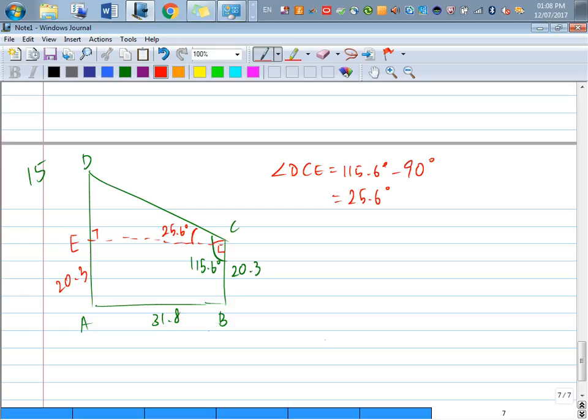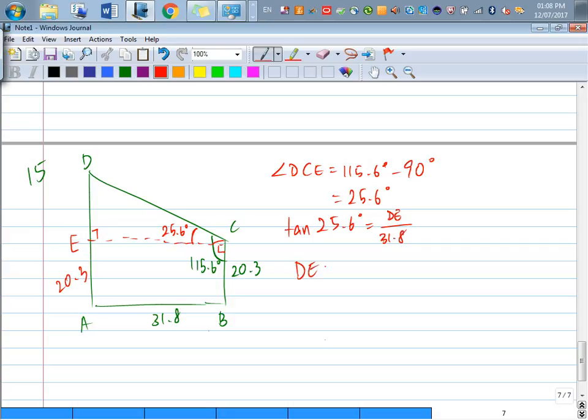So I have the adjacent side. I need to find opposite side. I have an angle. I should be using tangent. Tangent 25.6 degrees equals to opposite, which is DE, over adjacent, 31.8.